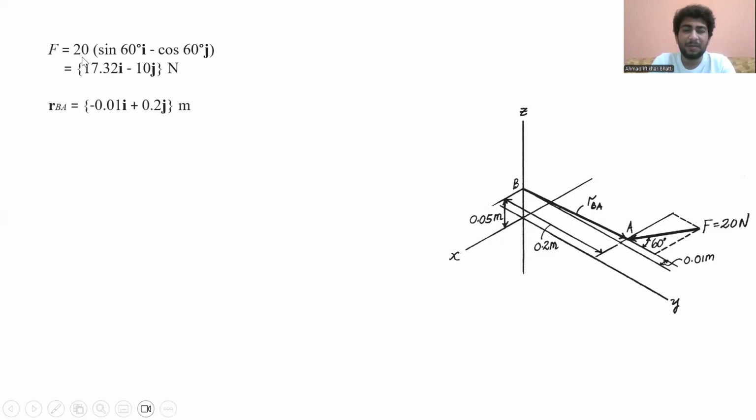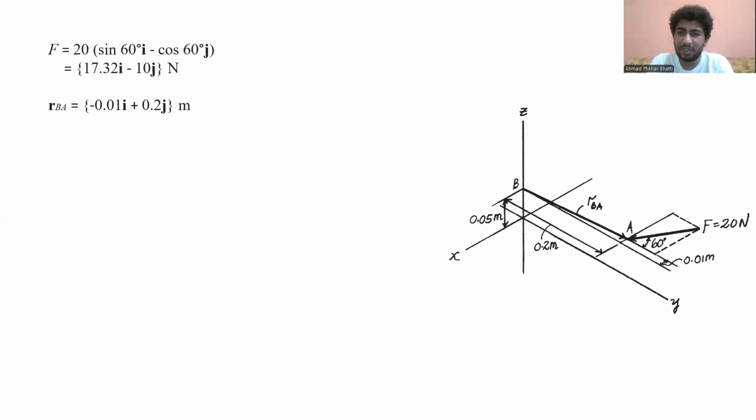So this is our force, which is 20. And you see in the x-axis, we have sine 60, and in the y-axis, we have negative cos 60. And when we solve it, we get 17.32 in the x-axis and negative 10 in the y-axis. So this is in Newtons.